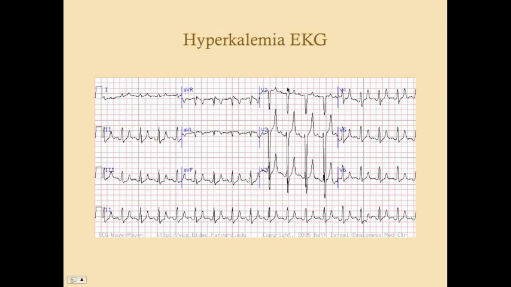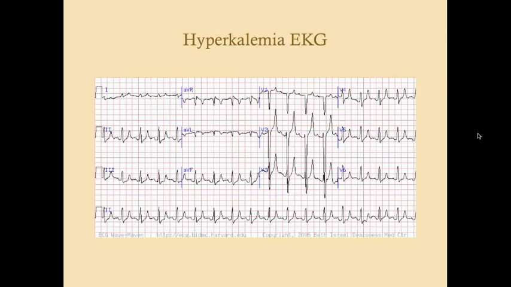So here's your QRS complex, and here's your T wave right here. Here's another T wave, that's too big. Remember, the T wave, if it's in your limb leads, if it's anything bigger than half of a big box, it's too big. In your precordial leads, if it's anything bigger than one big box, it's too big.